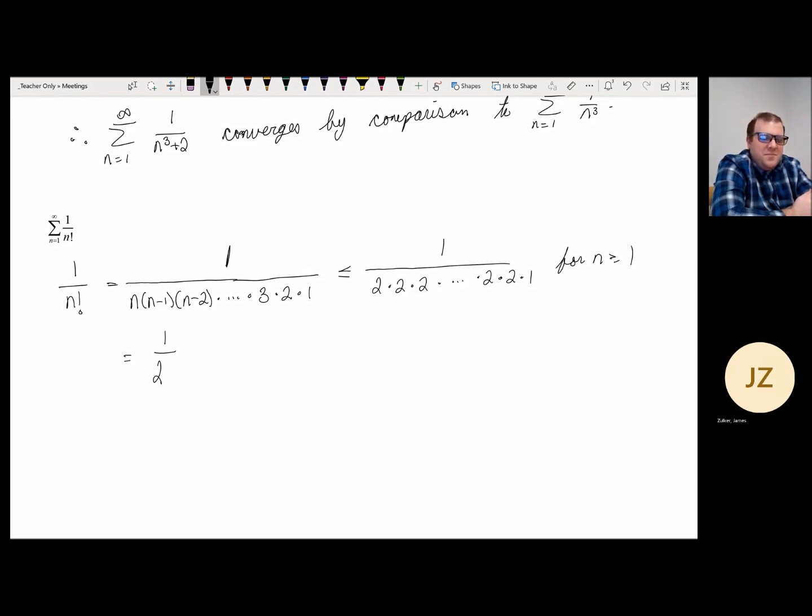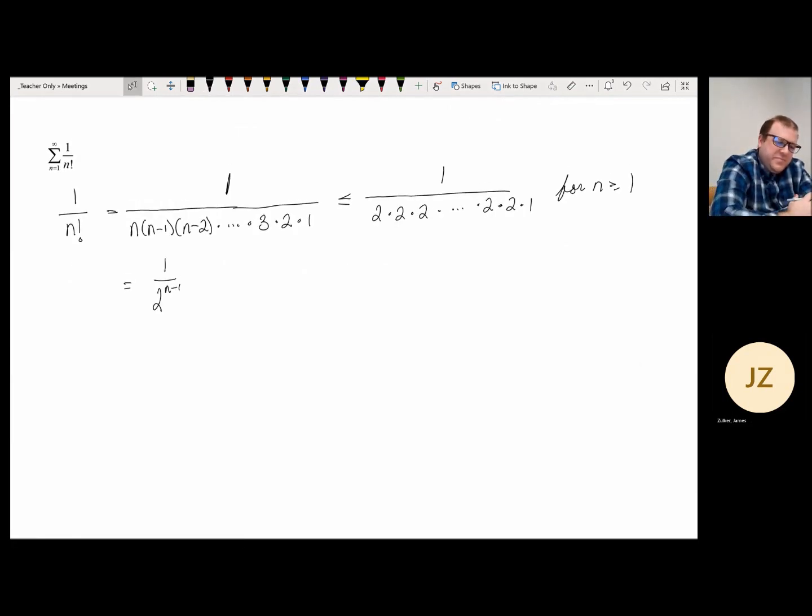N of them. Well, that 1 doesn't matter. So over here, we'd have n terms, right? So how many 2s are there? N minus 1. One over n factorial is less than or equal to 1 over 2 to the n minus 1, for n greater than or equal to 1.